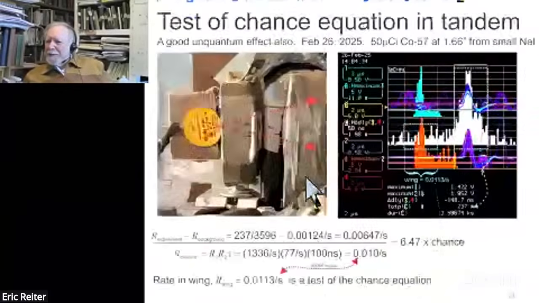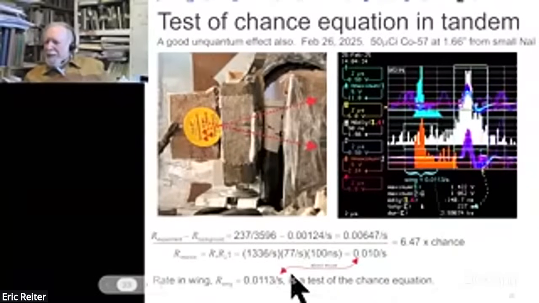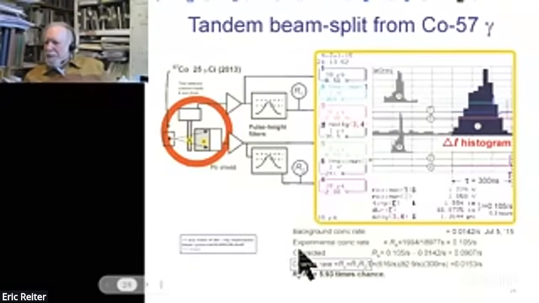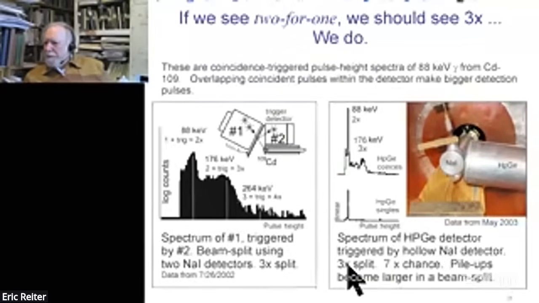I forgot where I left off. I think it was here, the chance equation, and to see that I did it on this experiment, and there's a 2 for 1, a 3 for 1. This is a triggered pulse height spectrum, where the pulse height spectrum on the horizontal shows how big the pulses are, and how many.